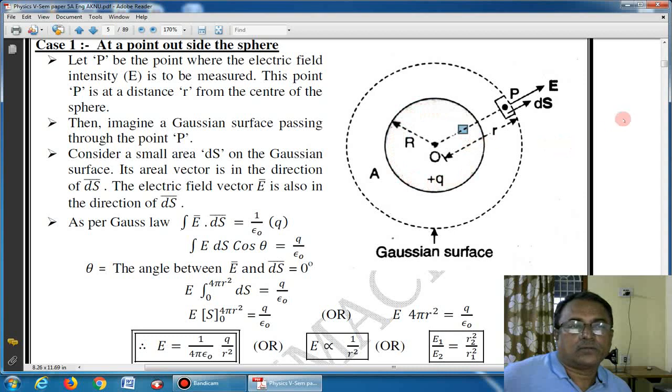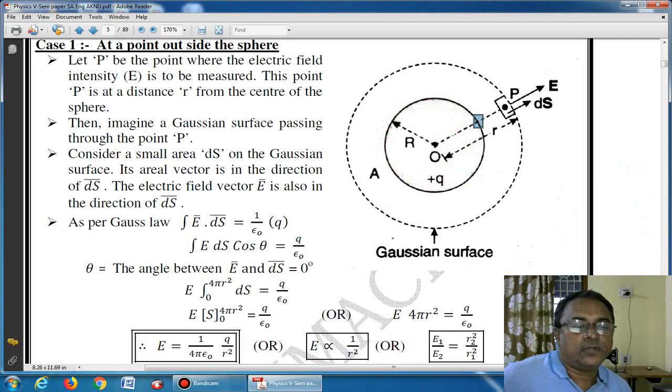So coming to the second case, here we want to measure the electric field intensity on the surface of the sphere. Then this point P is to be taken on the surface of the sphere. Then this small r value becomes capital R. That means the distance r, small r, is equal to the radius of the sphere.